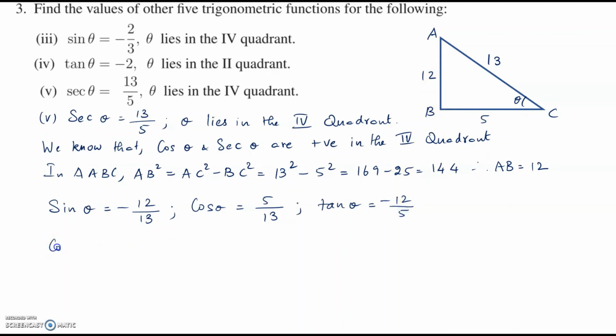Now our cosec theta will be equal to minus 13 by 12, and our secant theta will be again positive, that will be 13 by 5, and our cot theta will be negative, that will be minus 5 by 12.